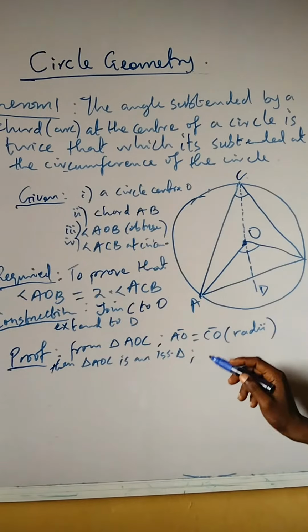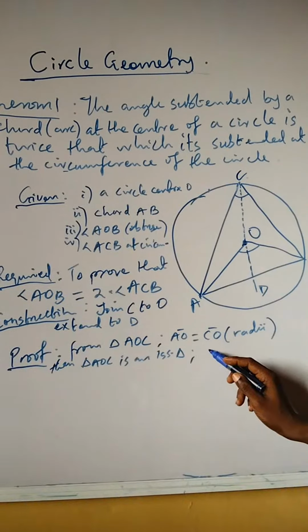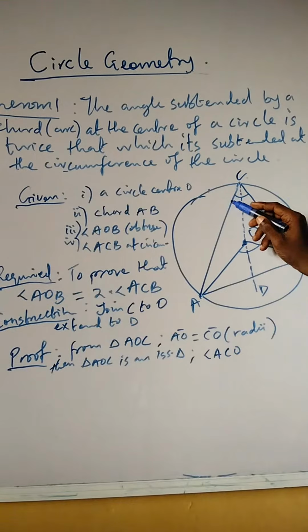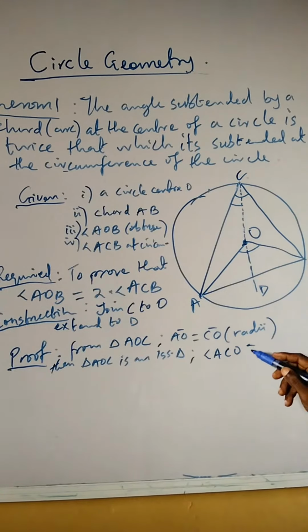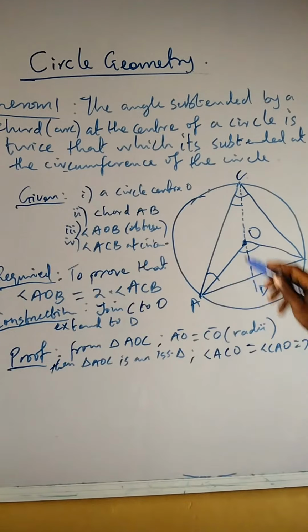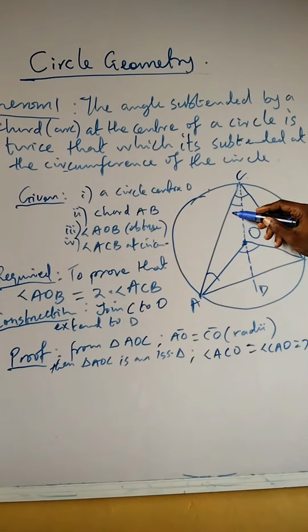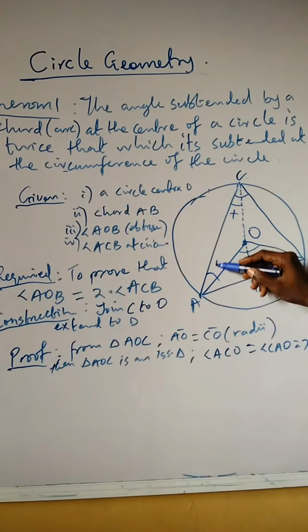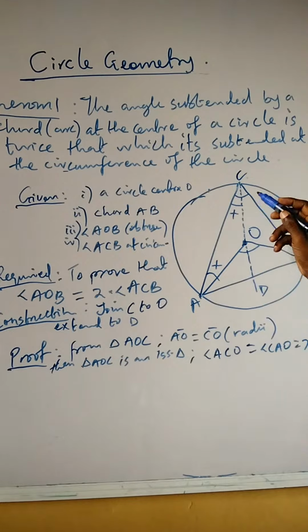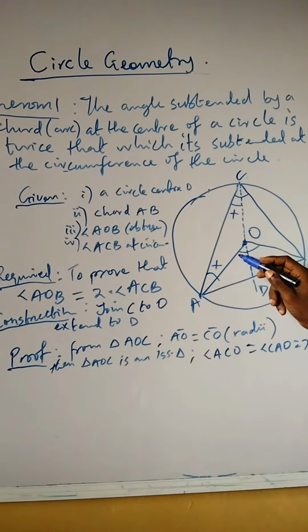And we can therefore establish that base angles are equal as well, which implies that angle ACO, this angle, is the same thing as angle CAO, this angle, and we can label it as letter X. Since these angles are equal, we call this X and we call this X. And one side of this triangle is extended.